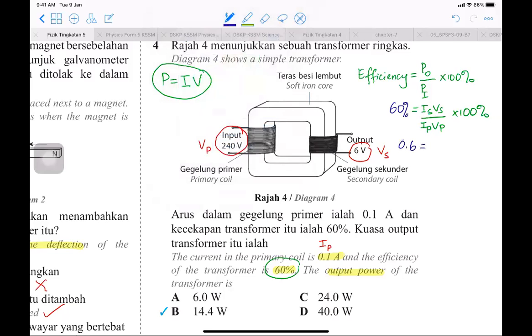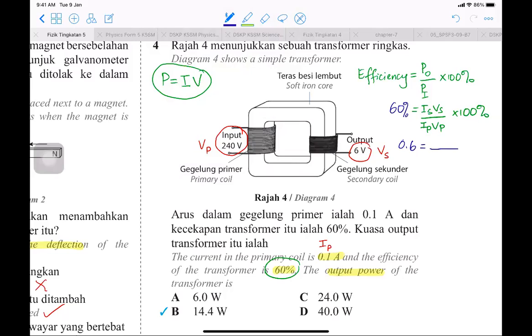So we have apa lagi sini nih? Good job. Do we need to find the value of the output current? Perlukah kita cari itu output current dulu? No need kan?